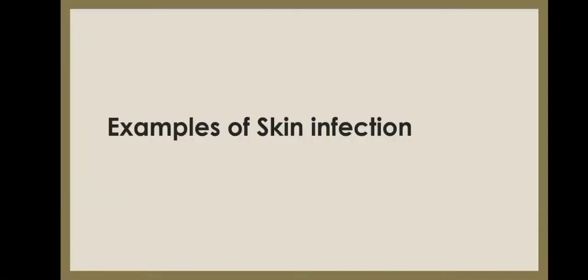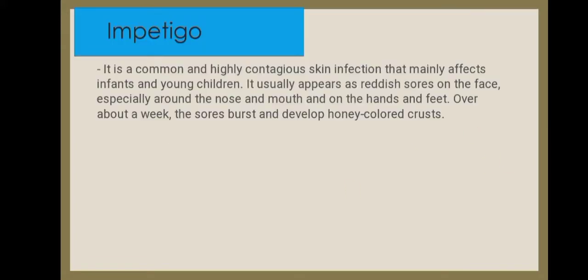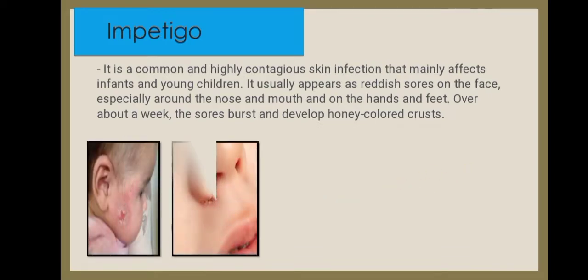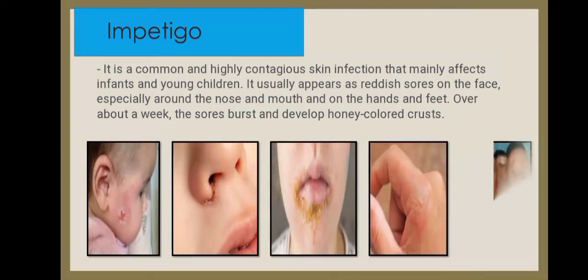So, there are common examples of skin infection. The first one is impetigo. It is a common and highly contagious skin infection that mainly affects infants and young children. It usually appears as reddish sores on the face, especially around the nose, mouth, hands, and feet.